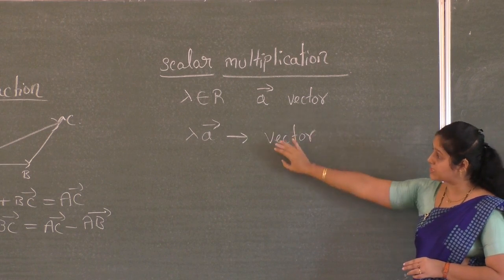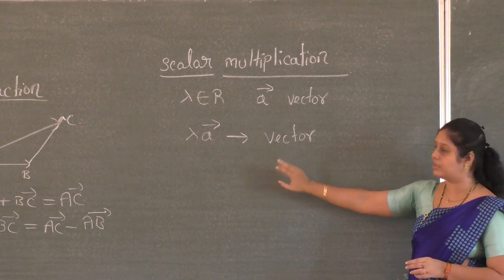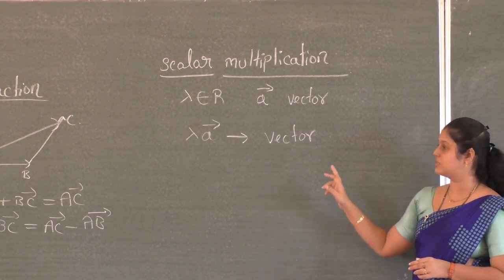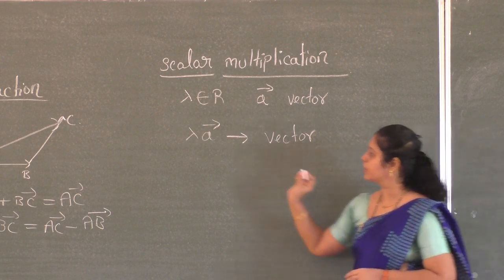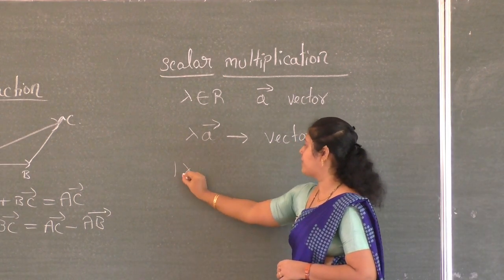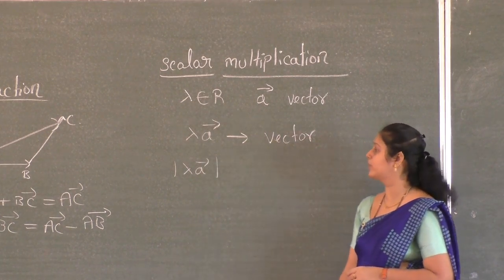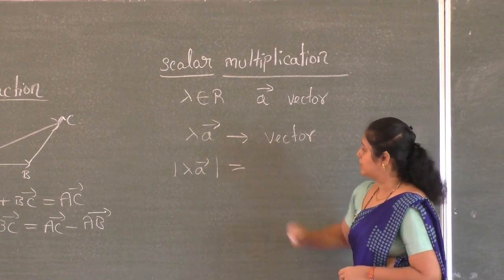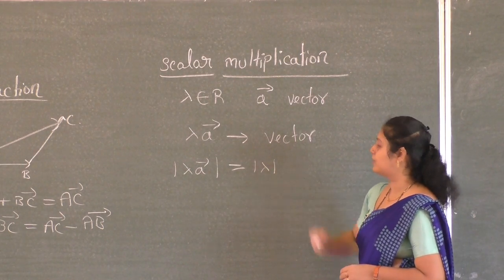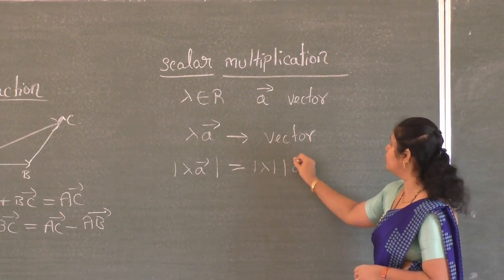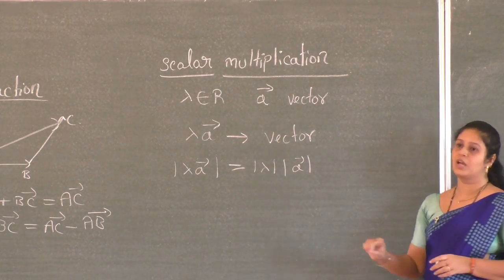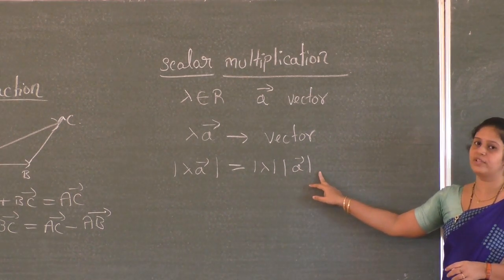So if it is a vector, then we have to write its magnitude and its direction. First, the magnitude of this vector: magnitude of lambda into vector A is equal to magnitude of lambda into magnitude of vector A. In this way we write the magnitude of that vector.